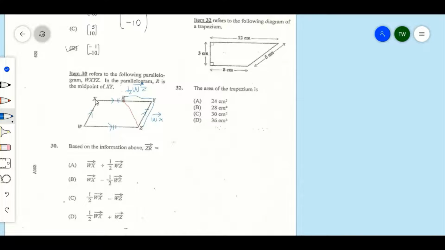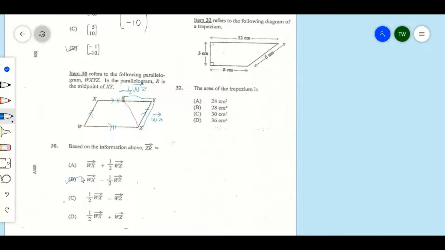If we're moving from X to Y, then it is a positive half, but because we are moving from Y to R, this is going to be a negative half. And all we need to do is add them. So if we want to get from Z to R, we must go along vector WX, then vector negative half WZ, and that would be option B here.